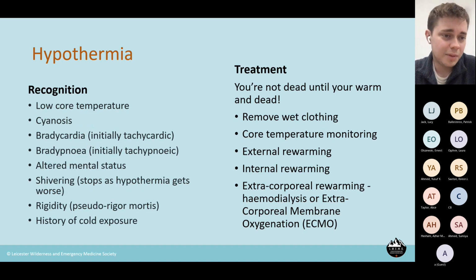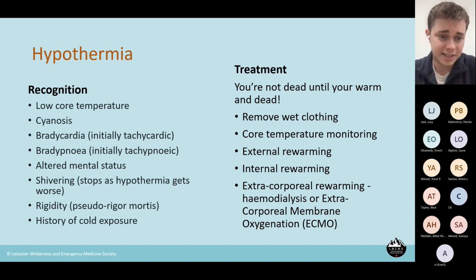So in recognizing hypothermia, low core temperature, obviously, cyanosis, bradycardia, but they will initially be tachycardic when they're trying to compensate for the cold. Bradypnea, and again, initially they try and compensate. Altered mental status, shivering, and again, shivering is trying to compensate, generate heat.